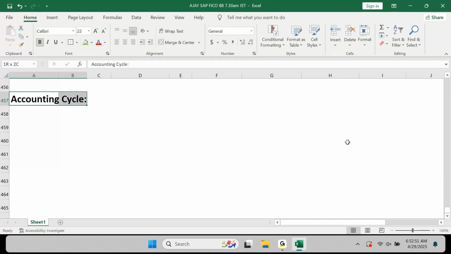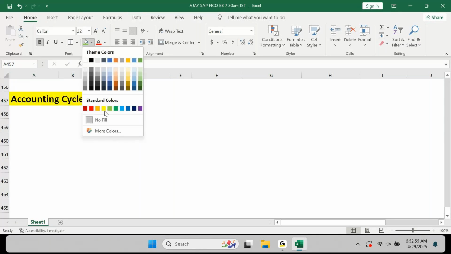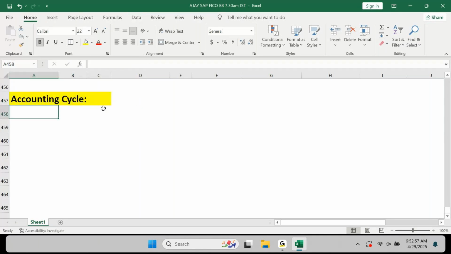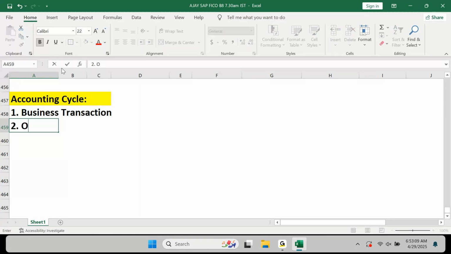Then you'll have to understand the accounting cycle. In the accounting cycle, the first point you will write, you will have a business transaction. Based on the business transaction, you will write a journal entry.